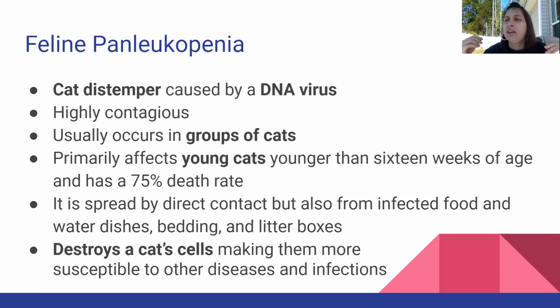And by attacking their DNA, the fabric of their body, it ends up making them more susceptible to getting other diseases. So if the feline panleukopenia doesn't kill them, then something else is going to come along the way. They're going to end up contracting another disease just because of their weakened immune system.